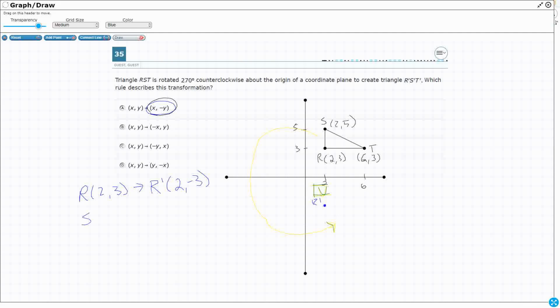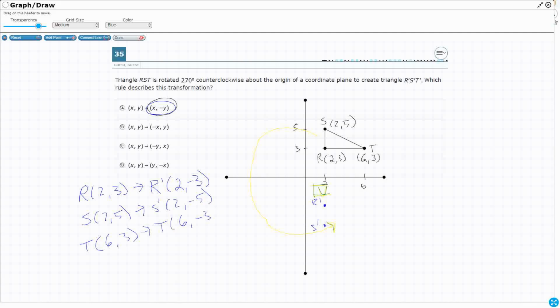Let's see what S is going to become. (2, 5). So S prime is going to be (2, negative 5). So there's my 2, and then negative 5. So that's going to be right here. Let's get my T. That's (6, 3). It's going to become T prime, which is (6, negative 3).